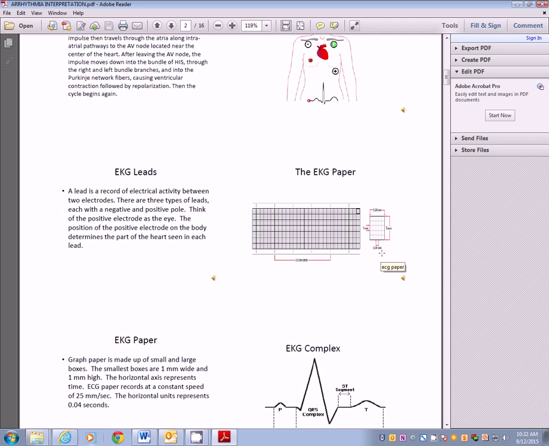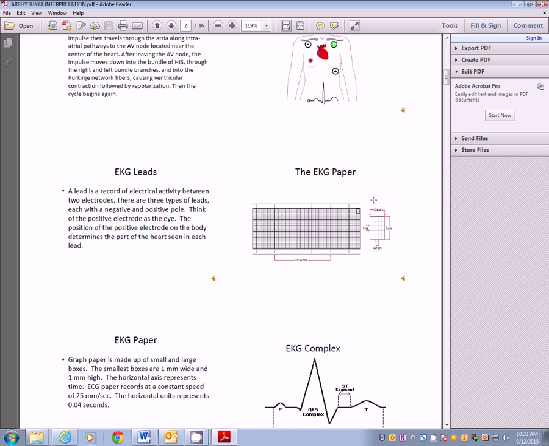Each larger square is 5 millimeters in length, so that would be 5 of those, being 5 millimeters in length, and therefore represents 0.20 seconds. In other words, you would multiply those 1, 2, 3, 4, 5 by this 0.04, and you're going to get 0.20, and that's what this is showing up here.